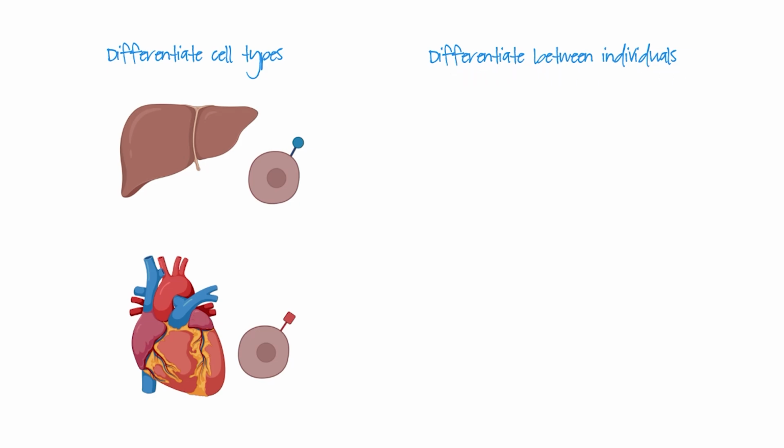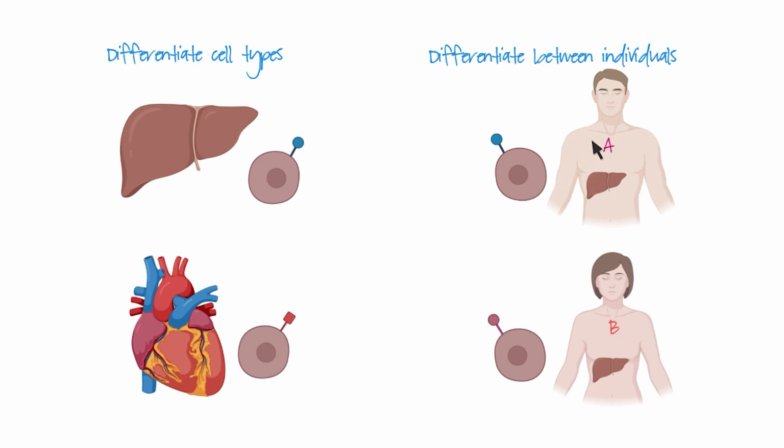So, for example, if you have two people, person A and person B, the markers on the liver cells of person A will be different from the markers on the liver cell of person B. So we're talking about liver cells in both cases, but because they're different individuals, the markers will be different. So these surface proteins can not only differentiate between different cell types within an individual, but also differentiate the same cell type between individuals.